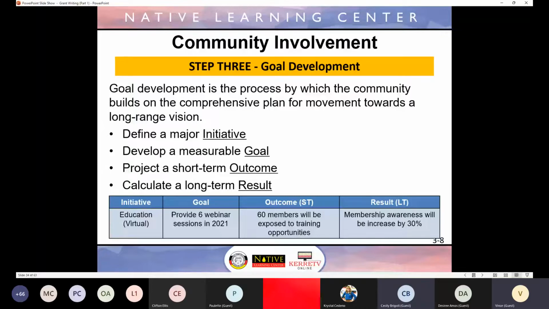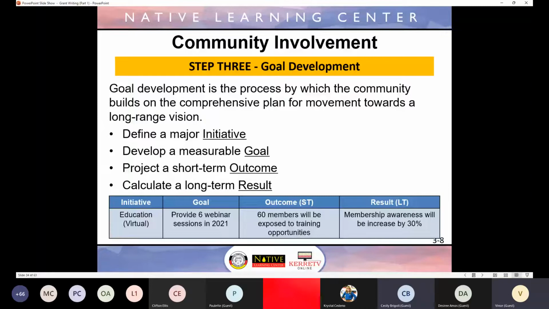The actual training is yet to be determined, but that would be hopefully reasonable. That's basically 10 people attending per session for 6 sessions, or 60 members will be exposed to a training in the short term. Short term in this case could be like a 6-month period or a year.